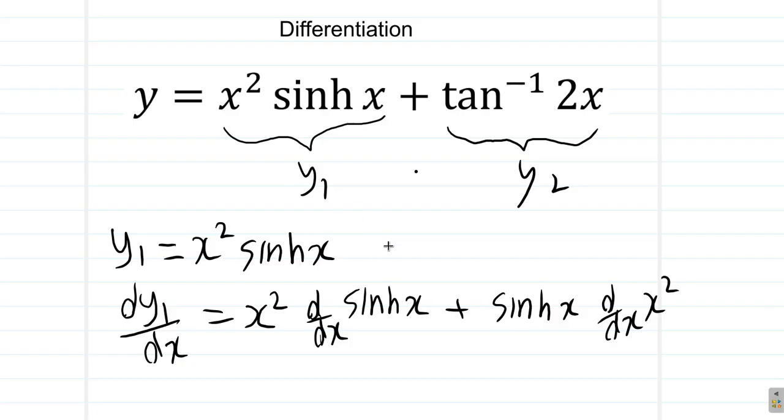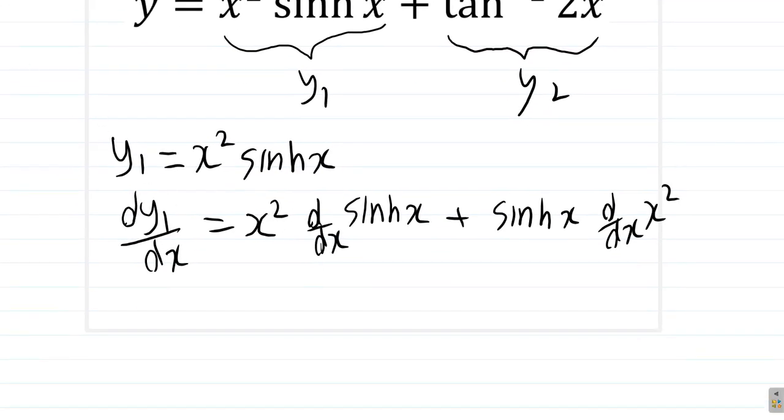Hold the first one, multiply by the derivative of the second one, plus hold the second one, then multiply by the derivative of the first one. Or you could hold the second one, differentiate the first, plus hold the first, differentiate the second. But the point is that you hold one as it is, differentiate the other, plus hold the other as it is, differentiate the one that you didn't differentiate first.